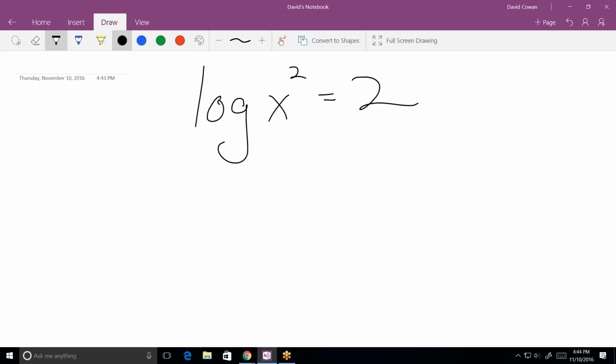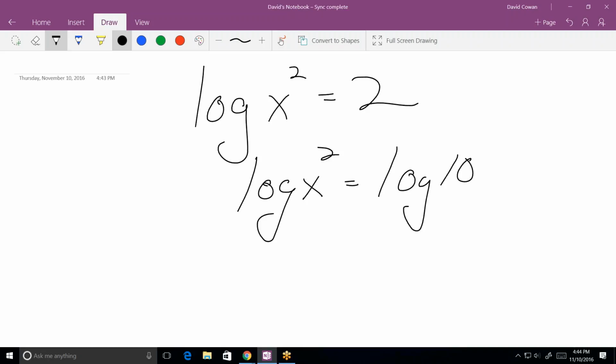If we use method 1, their method 1 is the log of x squared equals the log of 10 to the 2.